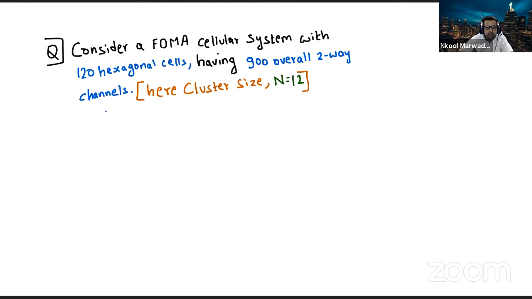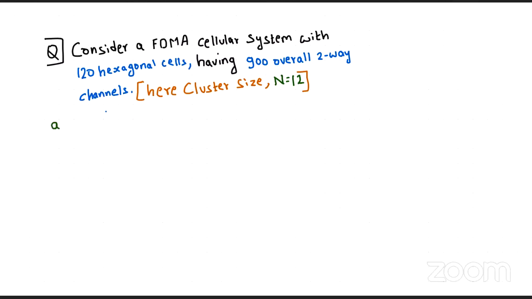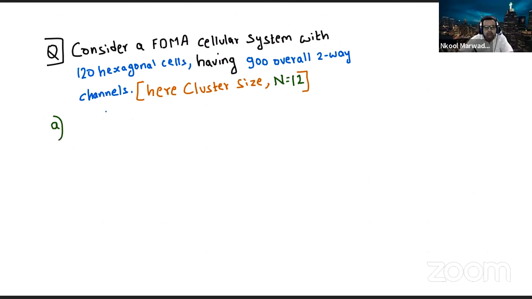The A part: co-channel reuse ratio. We have to calculate the co-channel reuse ratio, and what is it?